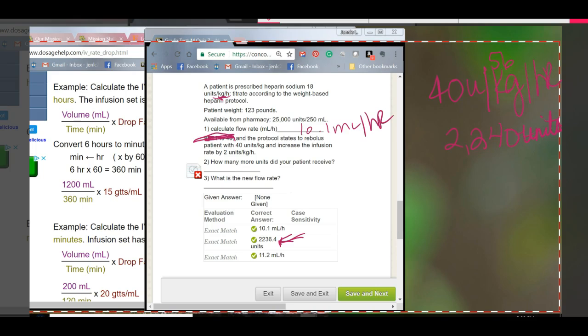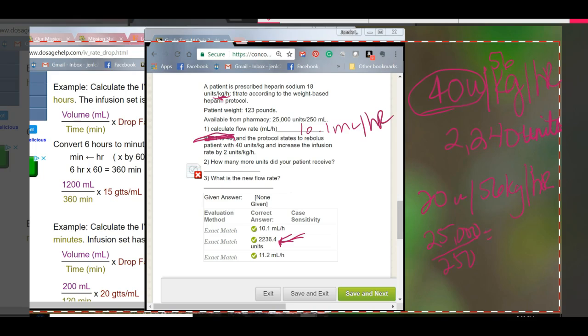Okay, so now you're going to increase the rate by 2 units per kilogram per hour. So you already bolused them with this. Now you want to increase it. So the original order was 18, so you want to increase it to 20 units, 56 kilograms per hour. We still have the same what's on hand, the 25,000 units over 250 mLs.